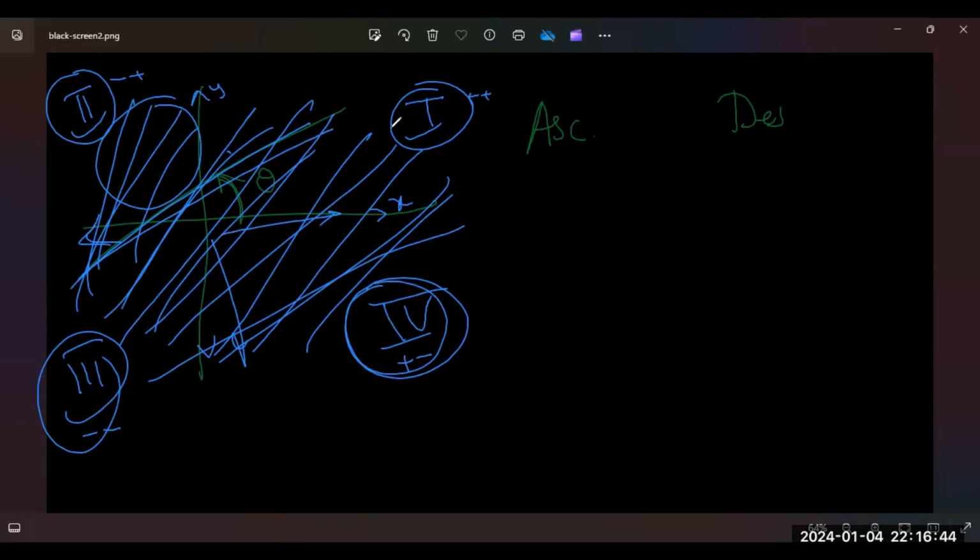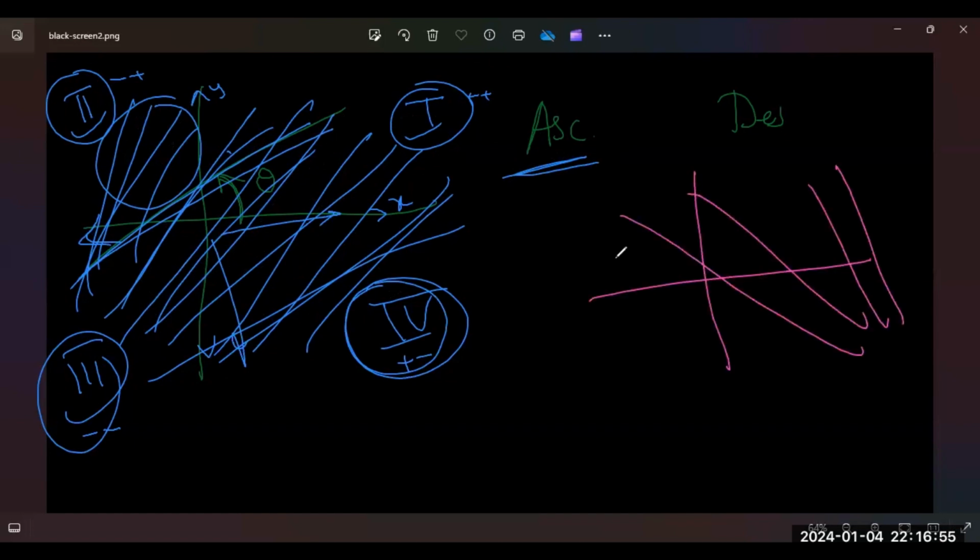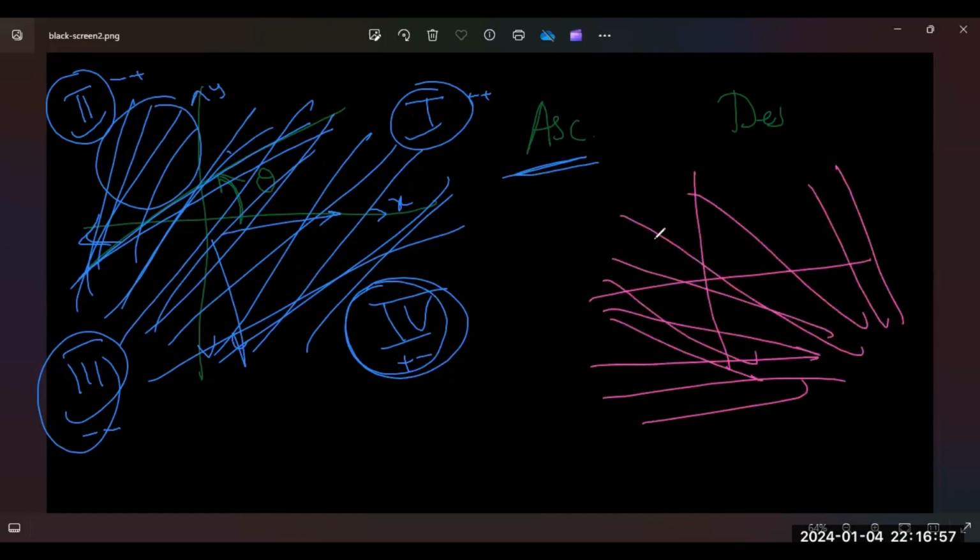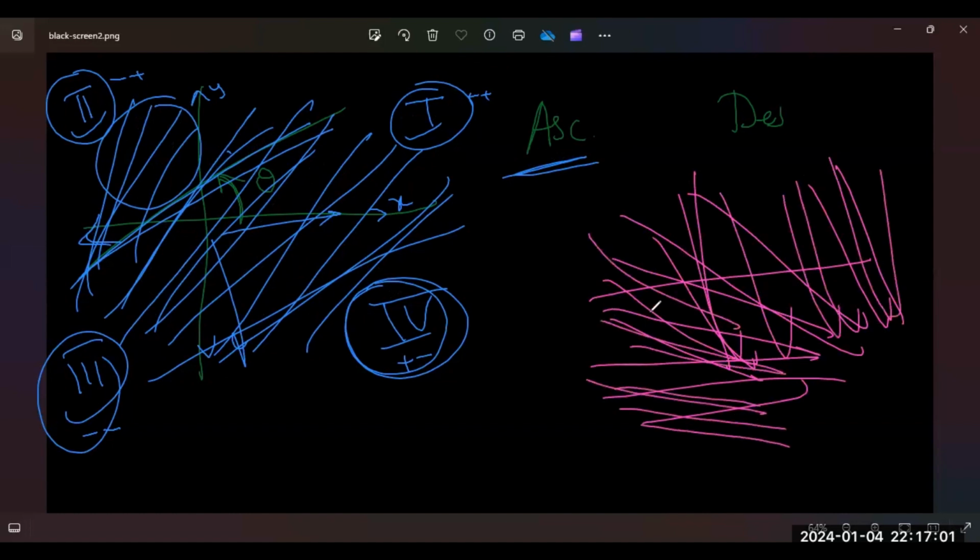Now, anything which shoots off into the first quadrant is called an ascending line, ultimately. And anything which falls down into the fourth quadrant is called a descending line, like this. Anything which ultimately keeps going into the fourth quadrant is called a descending line.